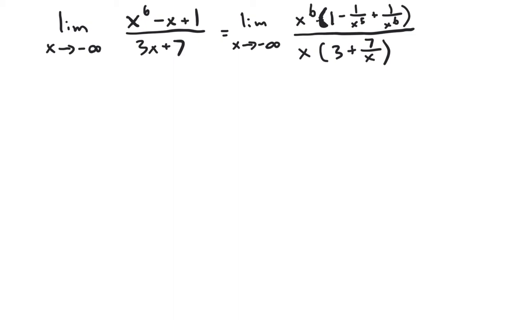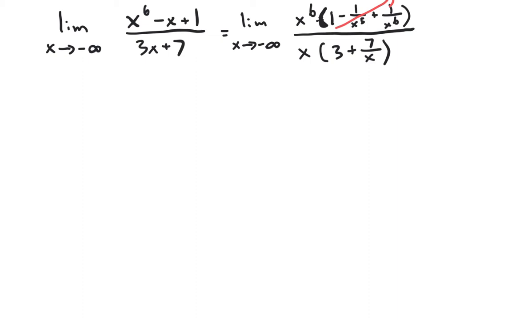Now, from what we did before, you can see that this is going to approach 1 since it's a constant. This is going to approach 0. This is going to approach 0. This is going to approach 3. This is going to approach 0. So the numerator is going to approach 1 as x approaches negative infinity.